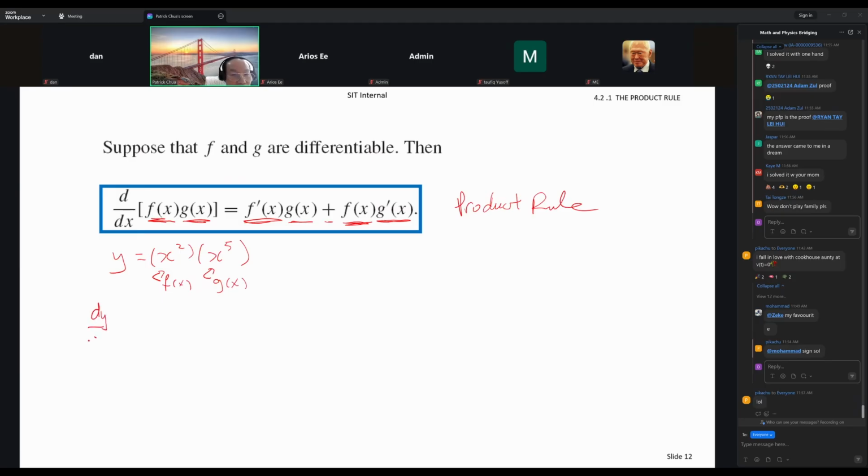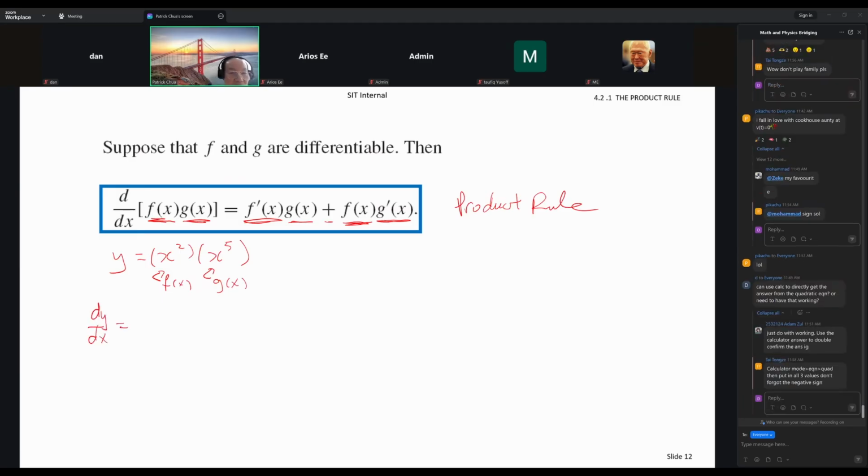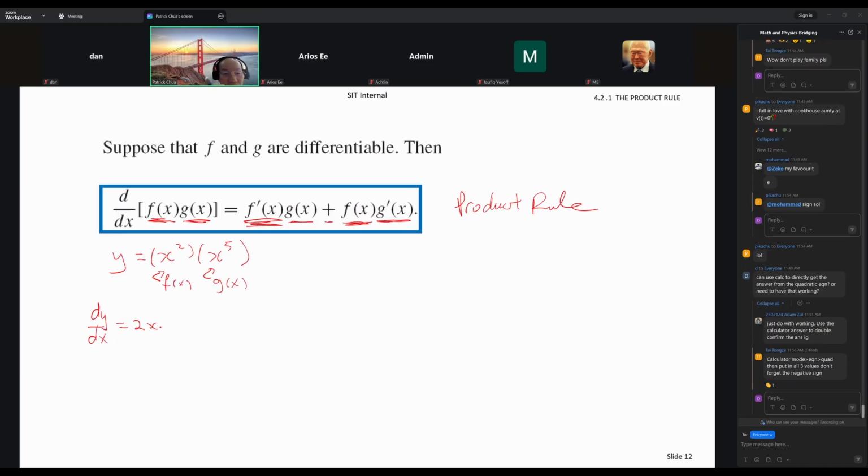dy/dx. Now start to differentiate. So what does the product rule tell us? It says first, differentiate the first function, f prime x. The first function is x squared. You differentiate x squared using the power rule, you get 2x.